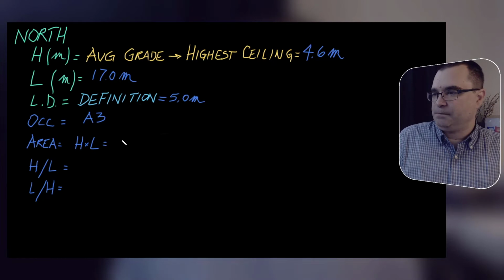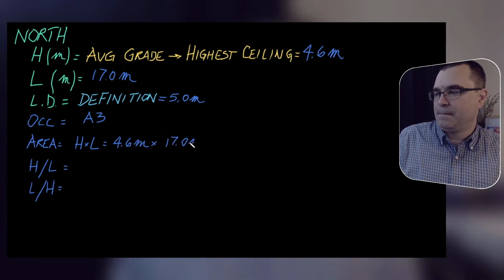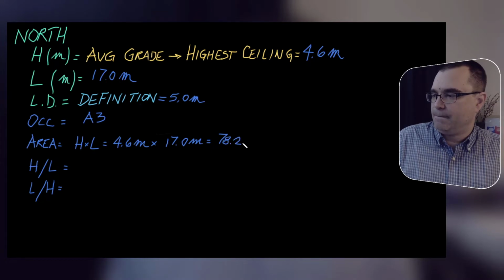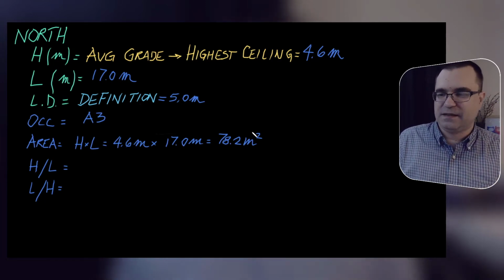Area, L times H, the horizontal dimension times the vertical dimension. That's going to be 4.6 meters times 17 meters. When I multiply those two numbers, best 2 out of 3, I get 78.2 meters squared. Okay? All right, so let's leave that for a moment like that.